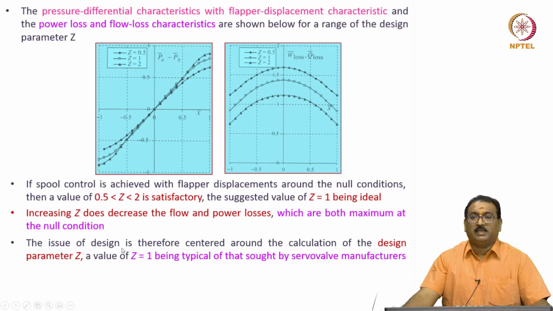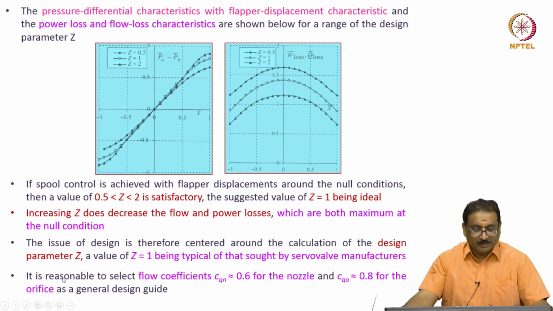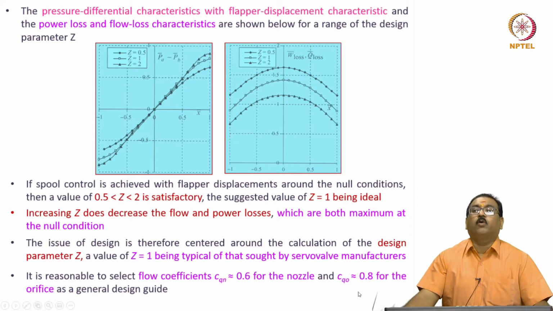The issue of design is therefore centered around the calculation of the design parameter Z, a value of Z equal to 1 being typically that sought by the servo valve manufacturers. It is reasonable to select the flow coefficient CQN equal to approximately 0.6 for the nozzle and CQO of 0.8 for the orifice as a general design guide.